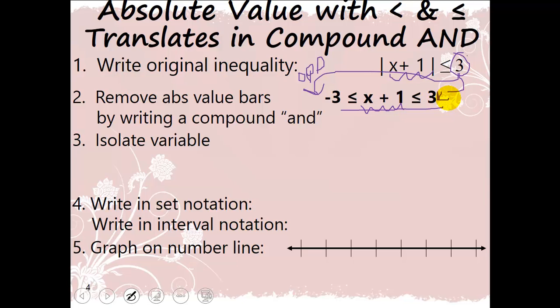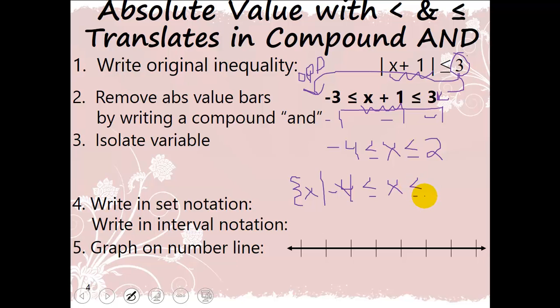Now I have a compound and. Now I'm going to isolate my variable x by subtracting 1 from all 3 sections. And I get -4 is less than or equal to x is less than or equal to 2. In set notation, I get bracket all x's such that -4 is less than or equal to x is less than or equal to 2.